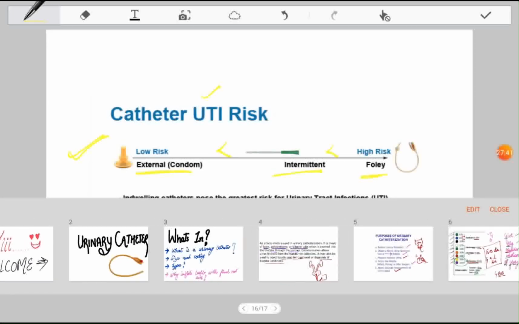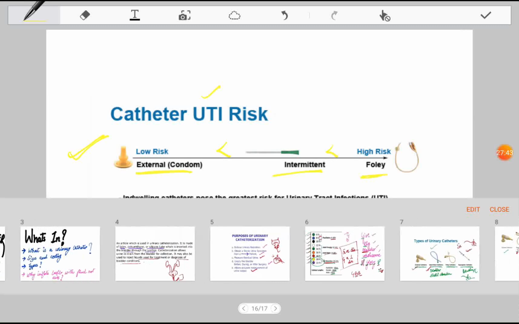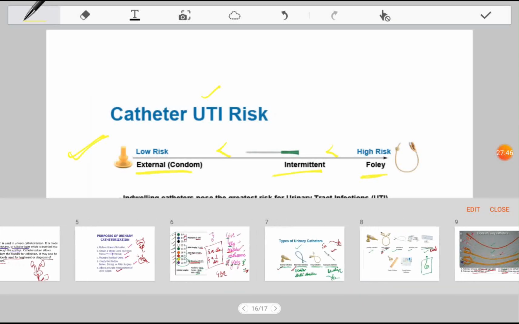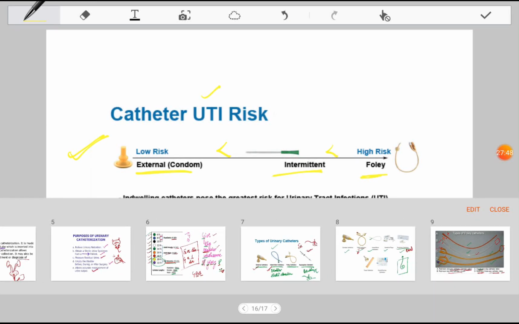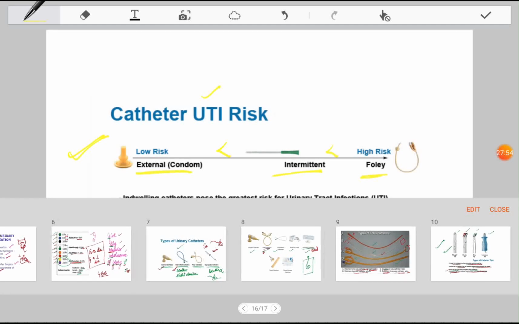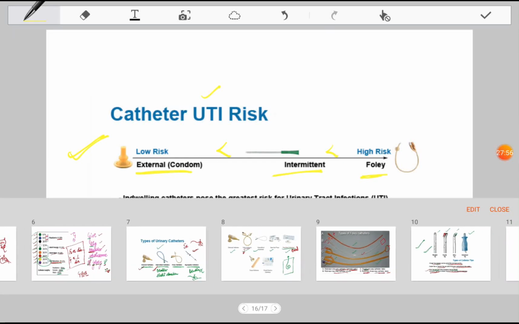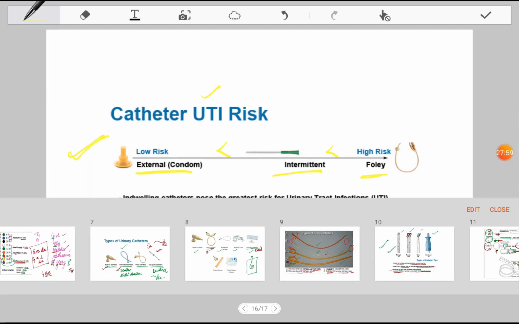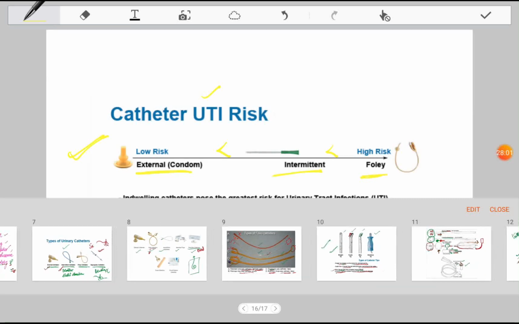So we have discussed urinary catheters, their definition, purposes, sizes, and the color coding. And we learned a trick today to learn the color coding, which was give big bladder wholesome glory. Then the types of urinary catheters.